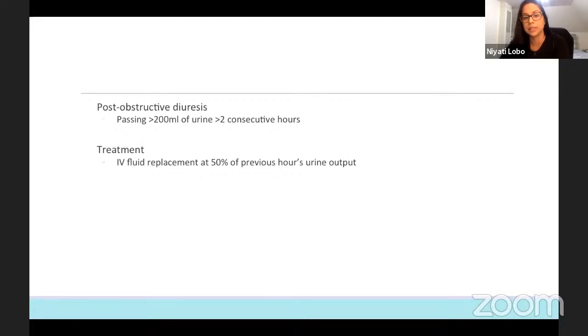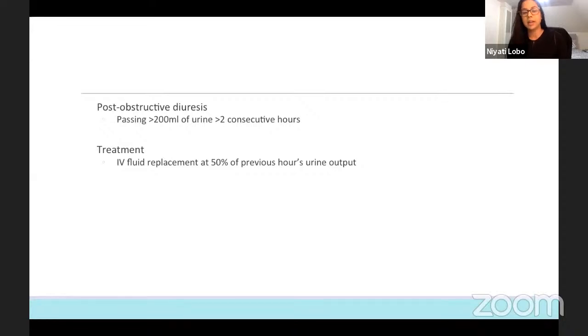So they're diuresing and they need to have fluid replacement. So you prescribe fluids for them at 50% of the previous hour's urine output. That means if they've passed 400 mils in an hour, you replace 200 mils of fluid. And the way to get the nurses to do this is you have your drug chart, and you write up your bag of fluid.